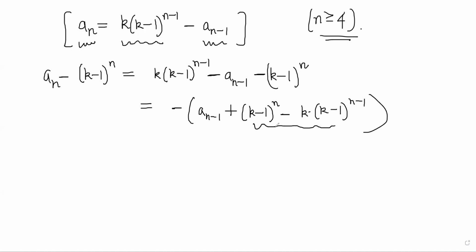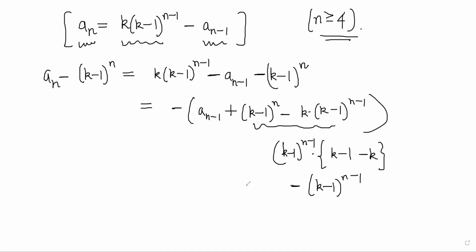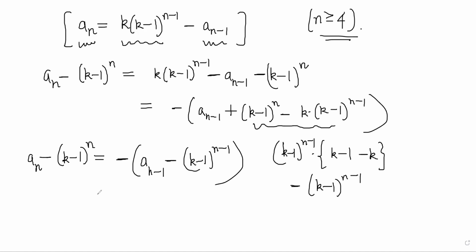And this part, let's simplify a little bit. You take (k-1)^(n-1) common, you get k-1-k, right? So this becomes minus (k-1)^(n-1). So what we have finally is a_n minus (k-1)^n is equal to negative of a_{n-1} minus (k-1)^(n-1), right? This is the situation that we are having.